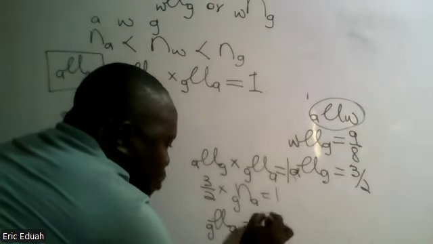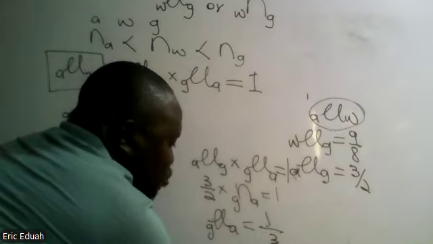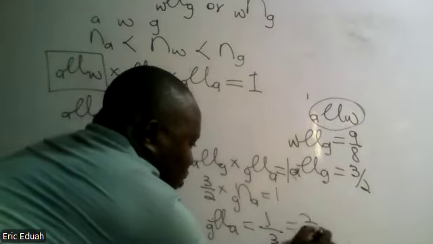It is actually 1 divided by 3/2, which is equal to 2/3. So using the absolute and then the reverse, we could get the unknown.